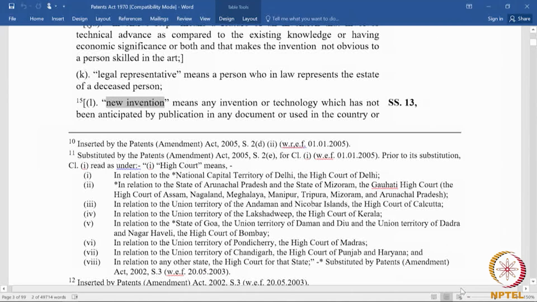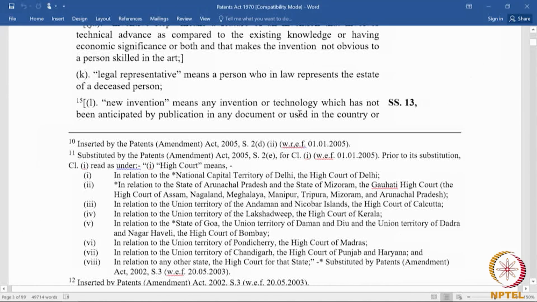We understand invention as pertaining only to technology because in practice patent law has evolved only by granting patents for technology. There is no other field for which patents can be granted. So, if there is no technology or if there is no technical effect produced by an invention, we do not regard that as patentable.